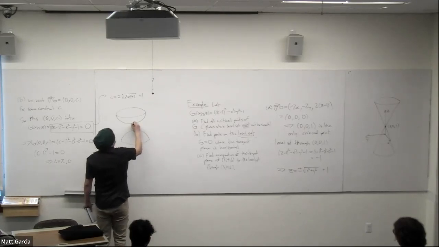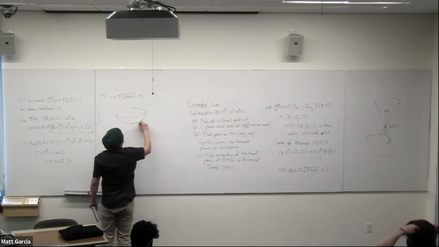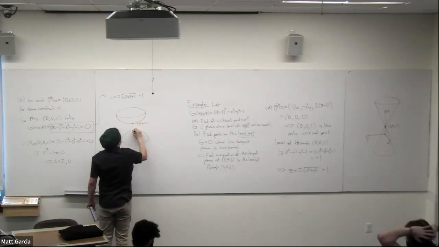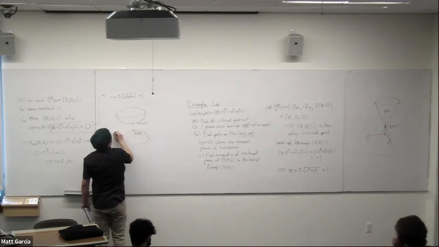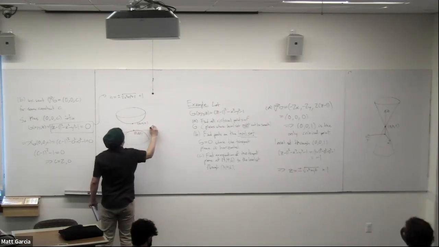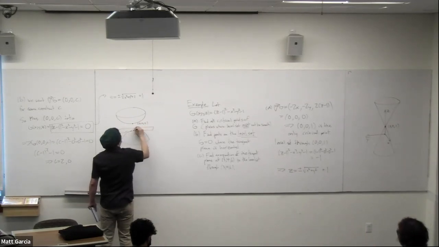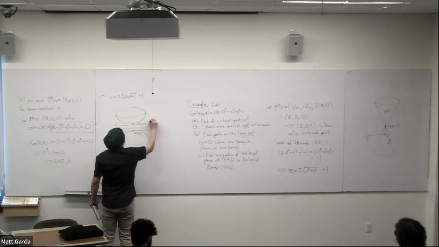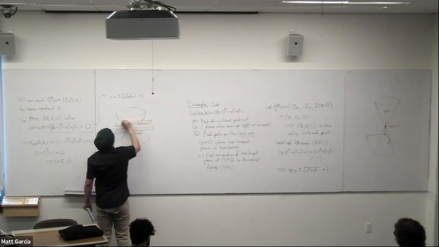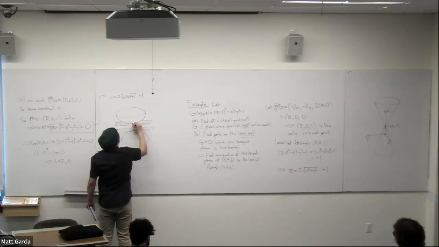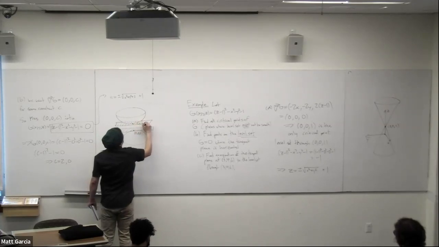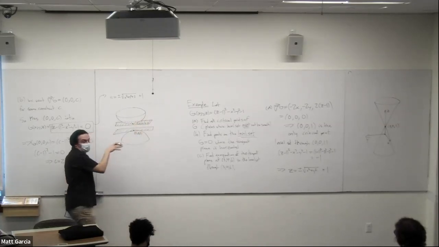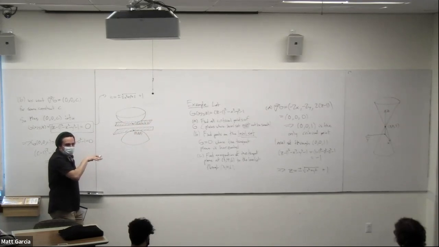Okay. Here's point 0, 0, 2. Point 0, 0, 0. Look at the tangent plane here and the tangent plane here. These are horizontal.